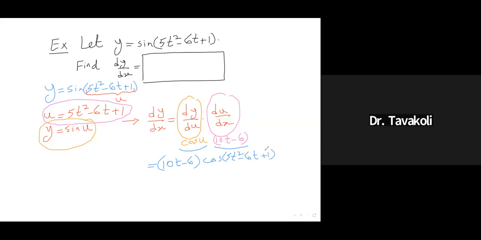And that's the final answer. So the final answer is 10t minus 6 times cosine of 5t squared minus 6t plus 1.